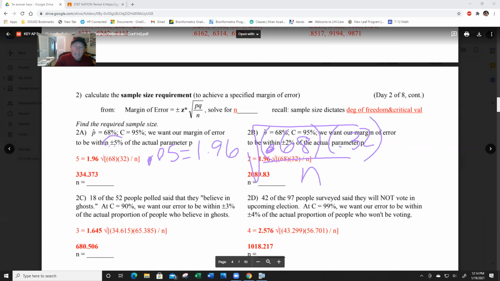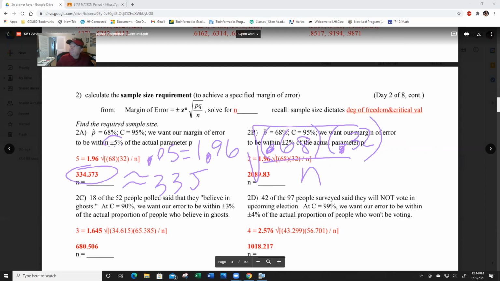This is where you have to use your algebra, and you should know how to do that. But this is your answer, 334.37. You're going to see approximately 335 samples to get it within 5%.